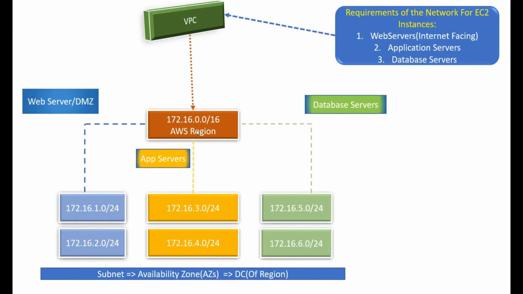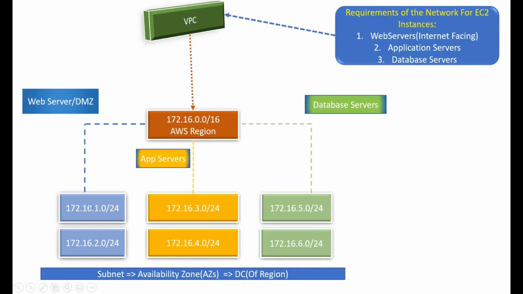Within that region, you will have multiple availability zones, which are also called high availability zones of that particular region. So when you create subnets, you must specify the availability zone as well. Let's say I have created this subnet in 2A, and this subnet will be created in 2B. This way you have multi-DC or multi-availability zone selected with the subnets.